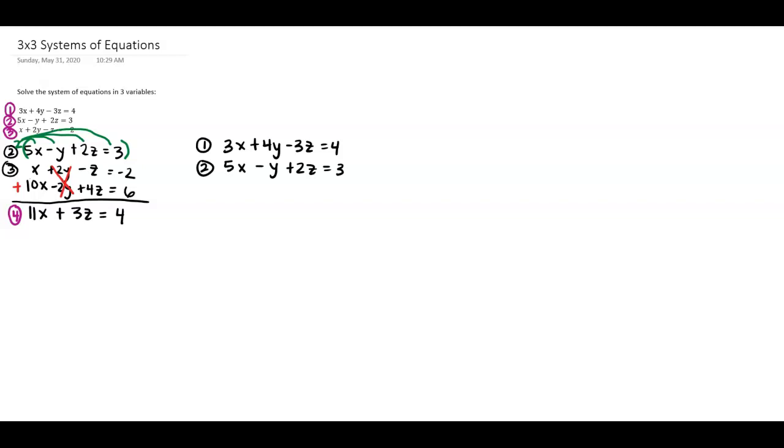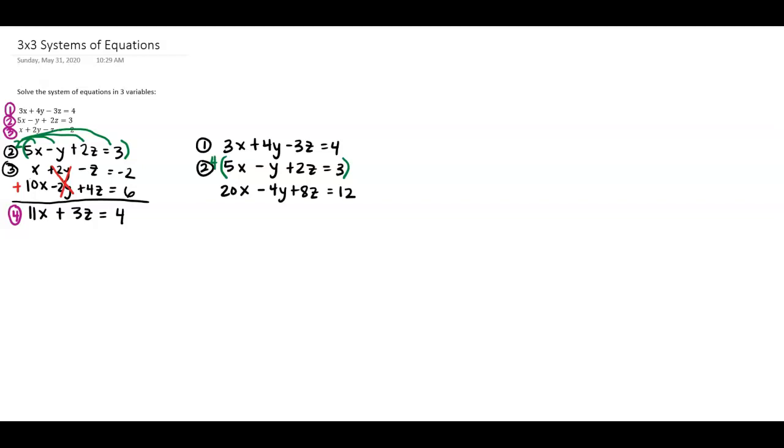And so in this one, again, if I'm trying to get my y's to eliminate, because I have to eliminate the same variable that I did the first go around, and so that means I need to this time multiply my equation 2 by 4. Right? And again, I'm going to distribute that through to everybody in that equation. And so that's going to give me 20x minus 4y plus 8z equals 12.